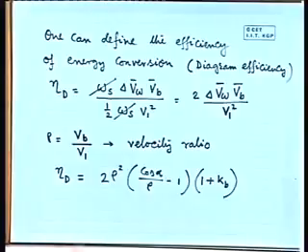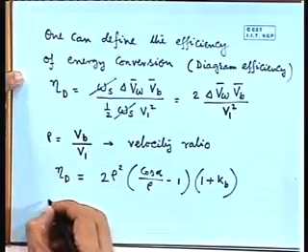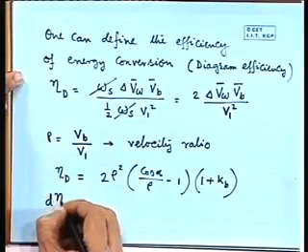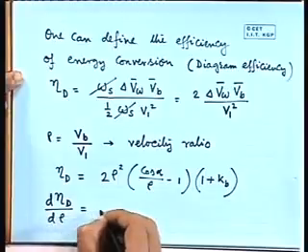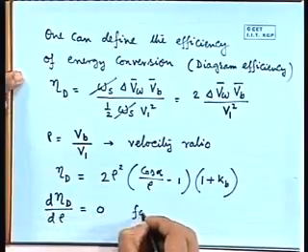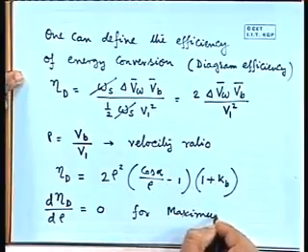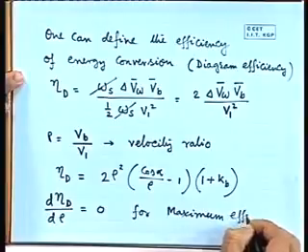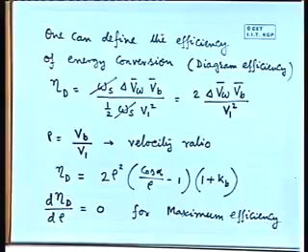So, now one can do a little bit of analysis like d eta d by d rho, that should be equal to 0 for maximum efficiency. For maximum efficiency, this quantity should be made equal to 0.